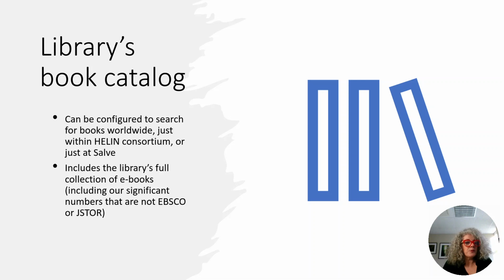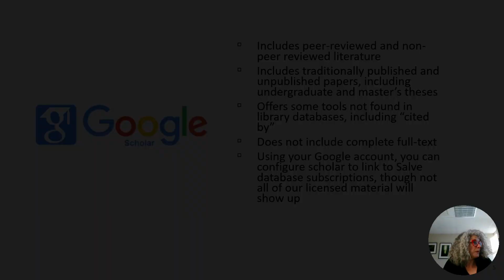So JSTOR, ProQuest, EBSCO, we have a lot of ebook vendors, and they're all in the library catalog. You can also, if you're doing exhaustive research, set our library catalog to search libraries worldwide, and that can be useful to find everything that is written on your topic. So it's something to keep in mind if you're doing a more exhaustive research paper.